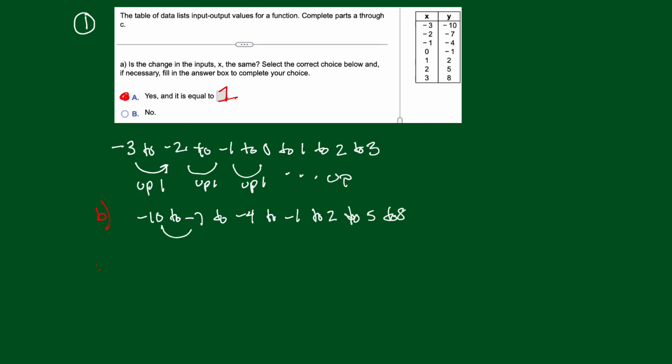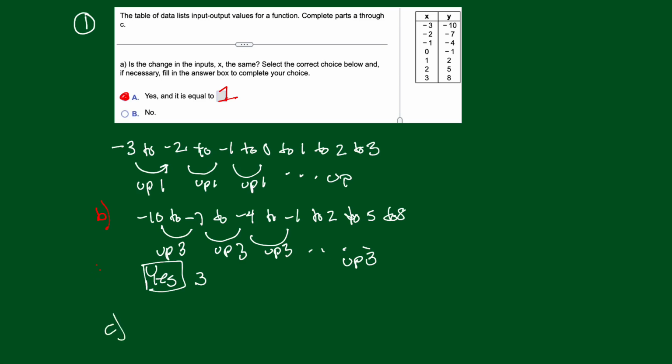So what are we doing here? From -10 up to -7, we're going up 3. From -7 to -4, we're going up 3. From -4 to -1, we're going up 3. And if you look at the rest of those, we're going up 3 in each case. So our answer to this one is yes. Those are the same, and we're going up 3.